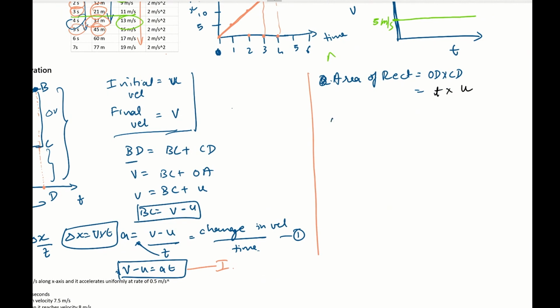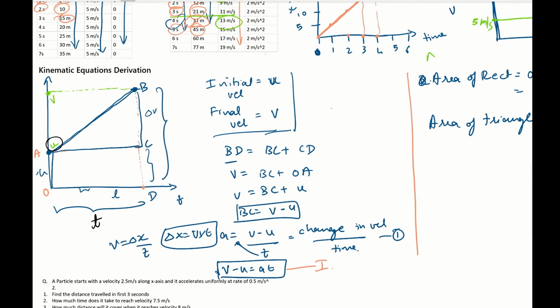All right, area of triangle. So this is a triangle, sorry about that, I'm going to just write triangle, is equal to half B times H, and it doesn't matter what your base is. So let's say this is your height and this is your base, right?